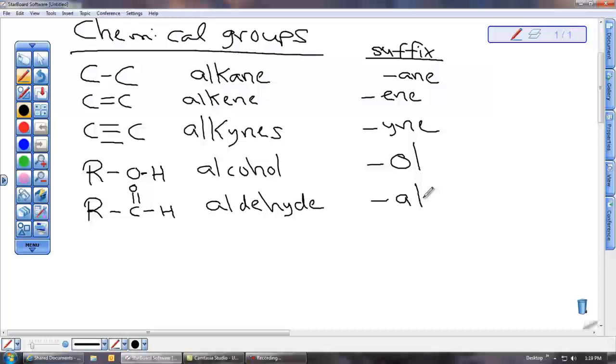You need to know ketones, which look like this. The dash you're seeing to the right here is read as R prime, which simply means it's a different R than this one. They could be the same chemical group, but they're not necessarily the same. Again, generic.